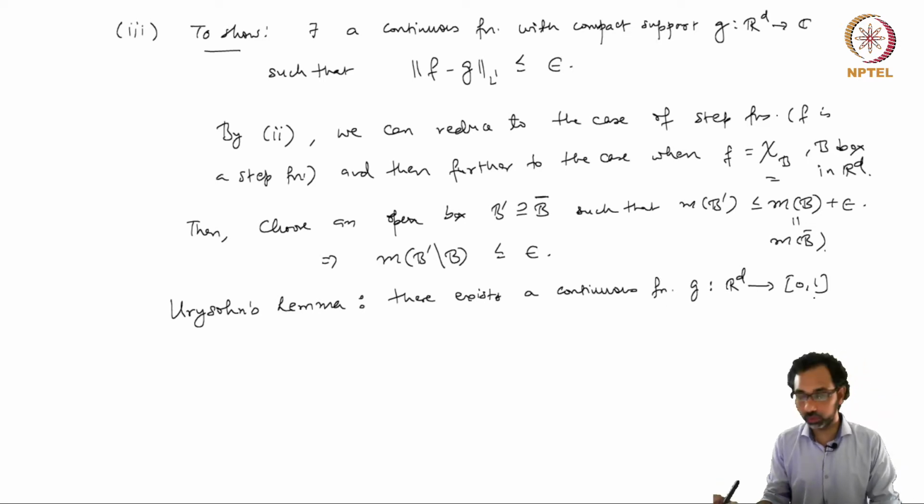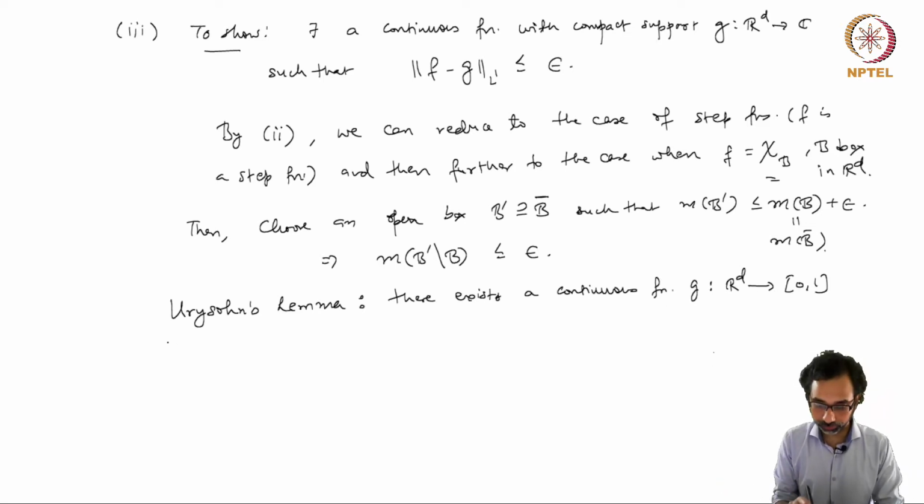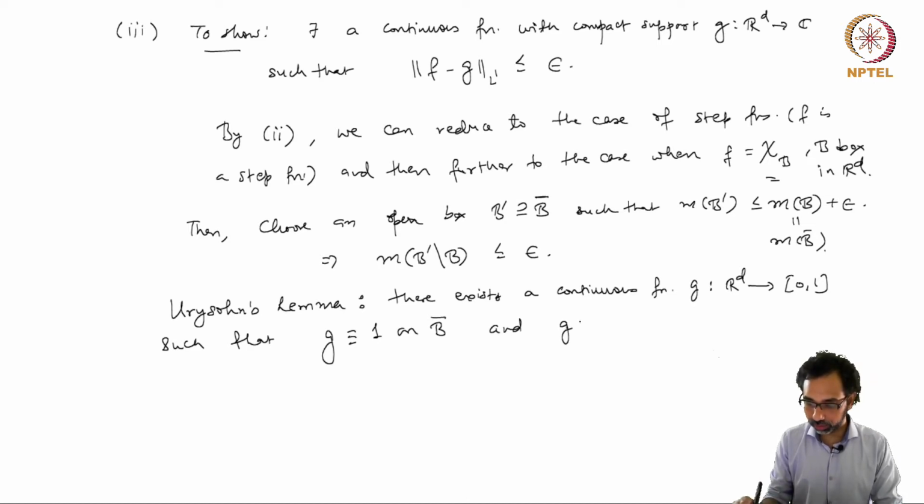So it takes values only in the interval [0,1], such that g is equal to 1 on the closed set B bar, B closure, and g equal to 0 on B prime complement.